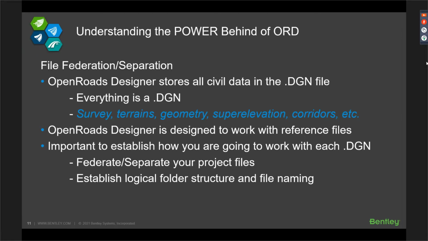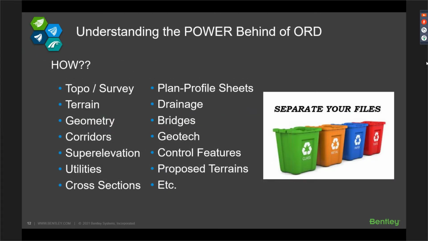It is important to establish how you're going to work with each DGN. So federating them is a good way for you to manage information or civil information in your project. And it also establishes a logical folder structure as well as easy file naming conventions. So how do you do that? So as I said, save them in separate DGN files.